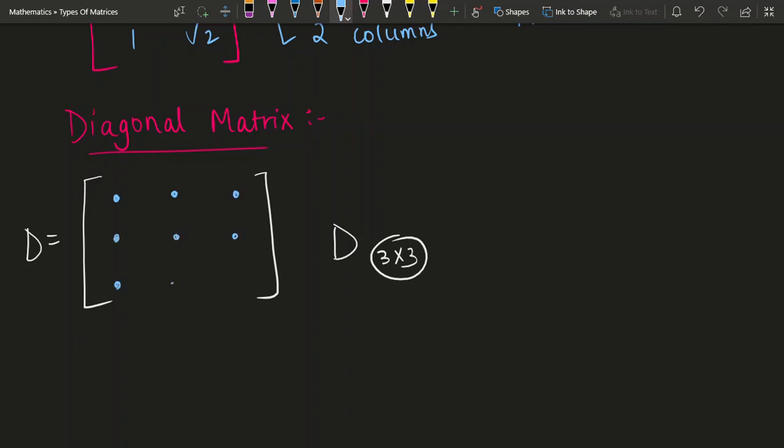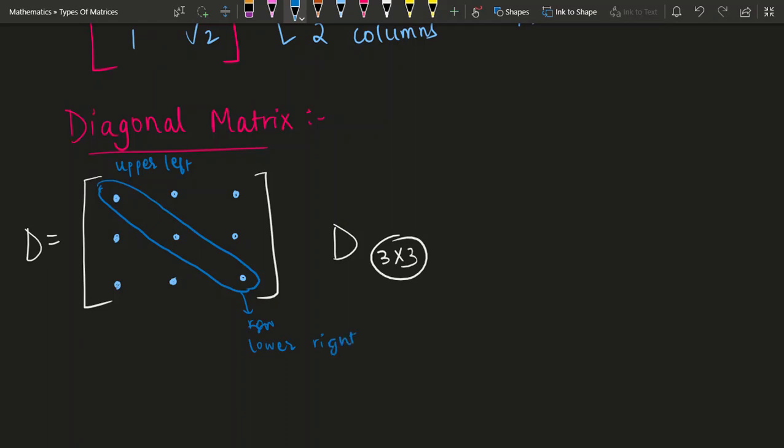Within these 9 entries, when we talk about the diagonal of the matrix, you're talking about the diagonal that originates from the upper left to the lower right, and that's called the diagonal.